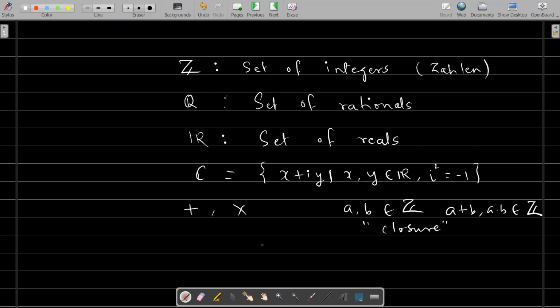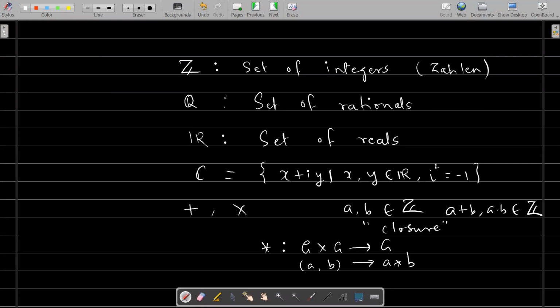Or more generally, a function is said to be a binary operation if it is from the set G cross G to G. Meaning thereby it will take any pair A comma B to some element again inside G, A star B. So for example, when I have two integers A and B, A plus B is again an integer, A times B is again an integer. The same happens with rationals, reals, complex numbers, and so on.